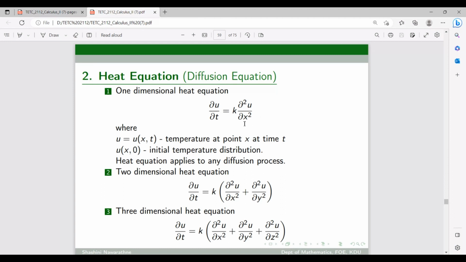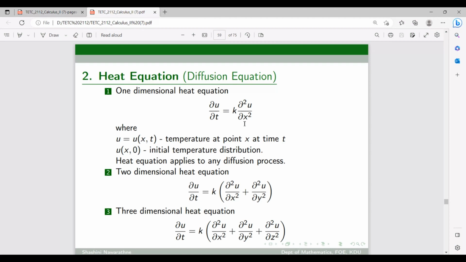So here, how many variables are there in this partial differential equation? Here k is a constant. Then how many variables?